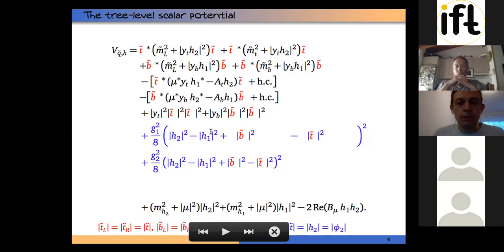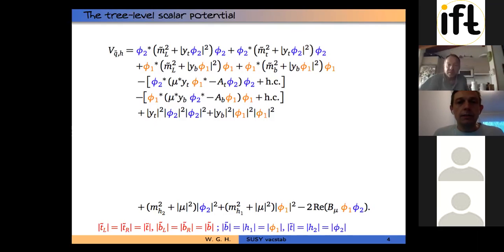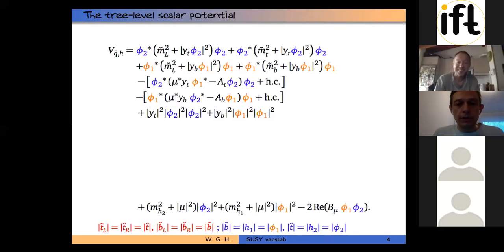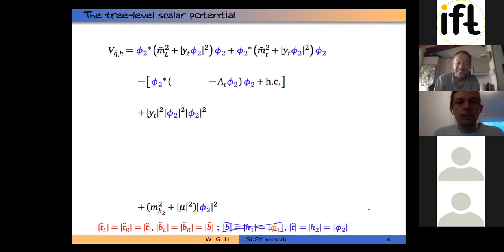The bottom quark goes in the direction of the down-type Higgs. And then these fields also disappear, and we are left only with a scalar potential of two scalar degrees of freedom. They're complex. Now we can go further and simply neglect one direction, and at the end, surprise, surprise, we are left with only a single scalar potential.